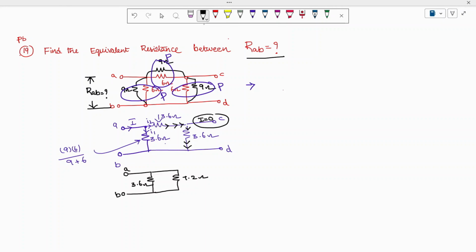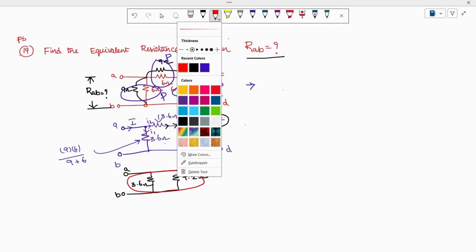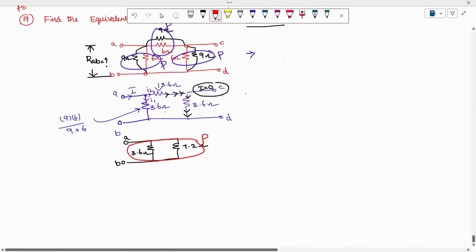Okay, so again you can observe that these two are again connected in parallel. Whenever two resistors are connected in parallel, you are going to get a single branch resistance across Rab.